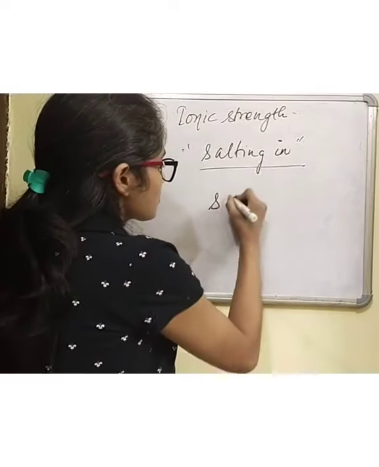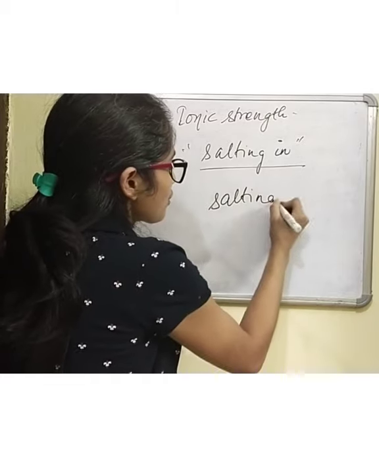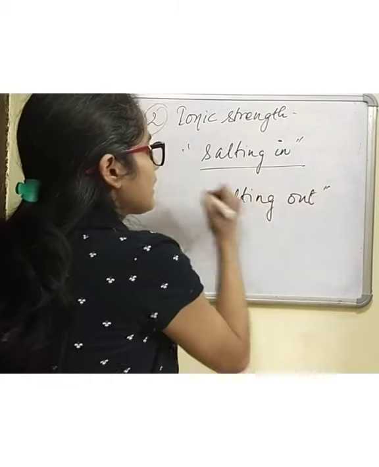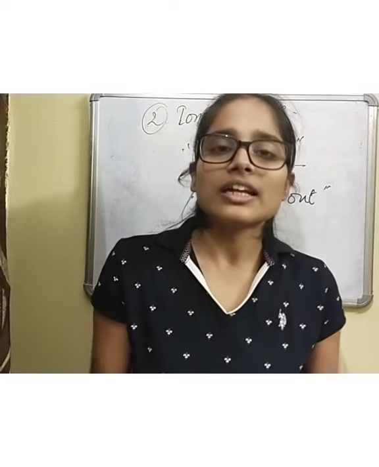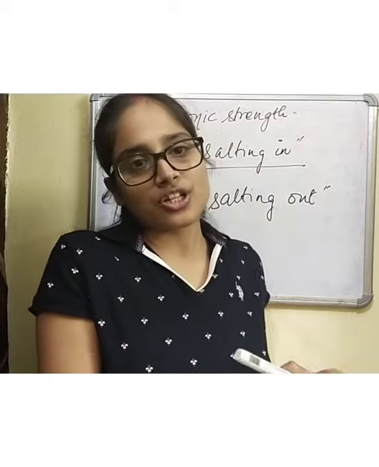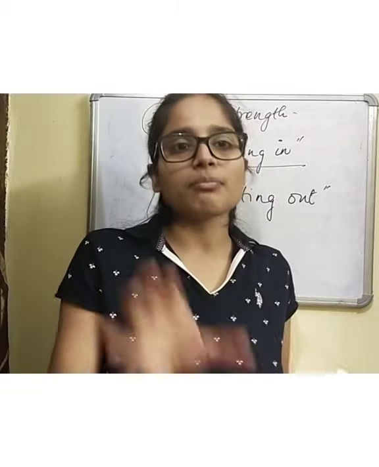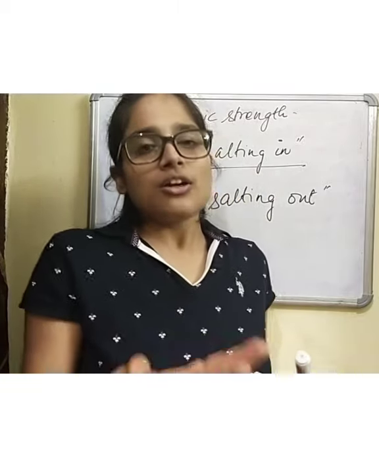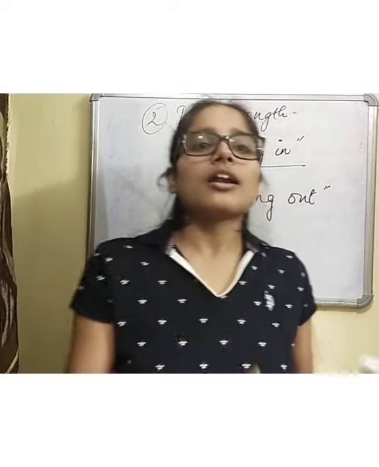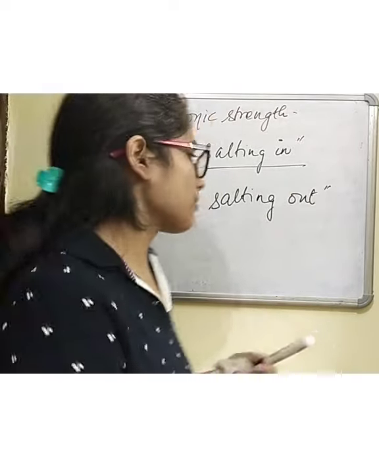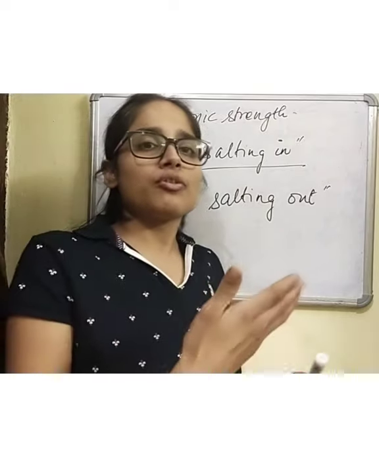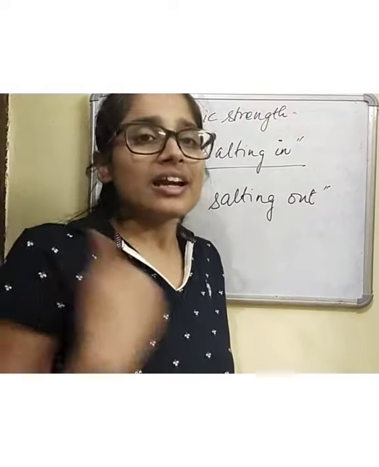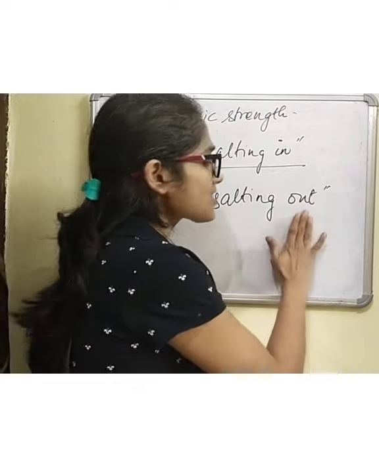So the salting in, or this addition of salt, which increases the solubility of the protein, is only up to a certain specific concentration. Beyond that concentration, beyond that ionic strength, if we add more salts to that particular solution, then again the solubility of those protein molecules declines, and that phenomenon is known as salting out.